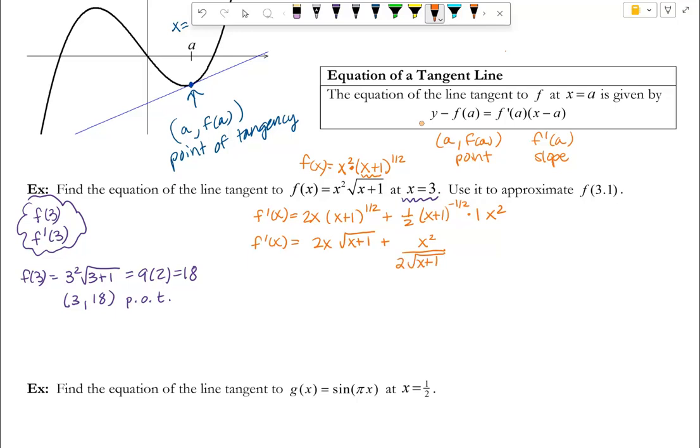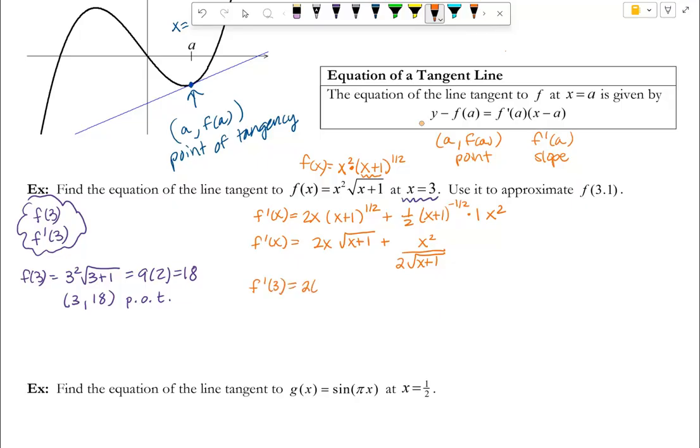Now, if you wish, you could go on to get common denominators there, but again, our end goal is to get an equation of a tangent line. And since we're trying to find f prime of 3, I think we could just manipulate f prime of x until it's something we're comfortable working with, and then plug in a 3. So I'm feeling pretty good about how we have f prime of x written.